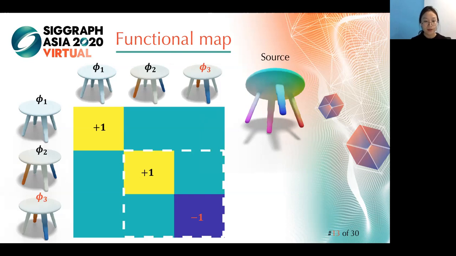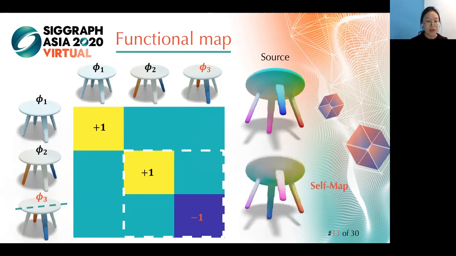In this functional map, we can see that the last diagonal entry is -1. It means that we would like to map the third eigenfunction of the table to the opposite of the third eigenfunction. This corresponds to a symmetry axis, as illustrated by the dashed green line. In this case, we can recover the corresponding pointwise map from this functional map, and we obtain a symmetric map where the red and also the blue legs are flipped.